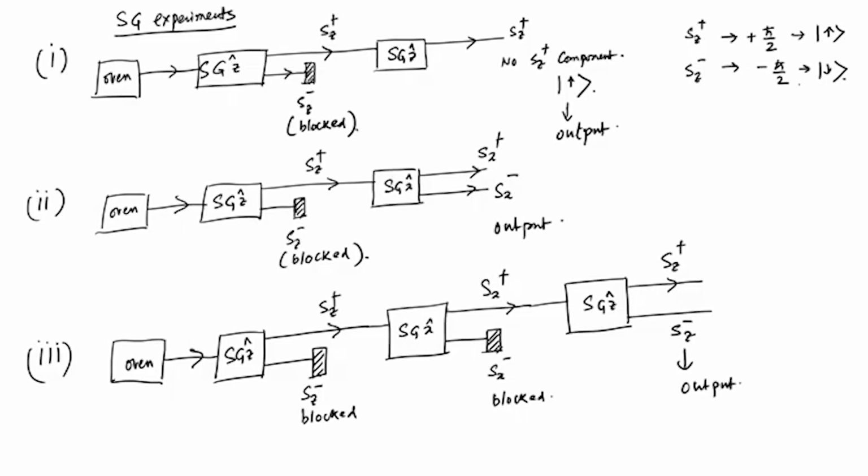Now, this is strange because in the first case itself you have blocked this Sz minus. In the second stage you would have thought that you have these n0 by 2 number of atoms, where n0 is the number of atoms that are emitted from the oven.